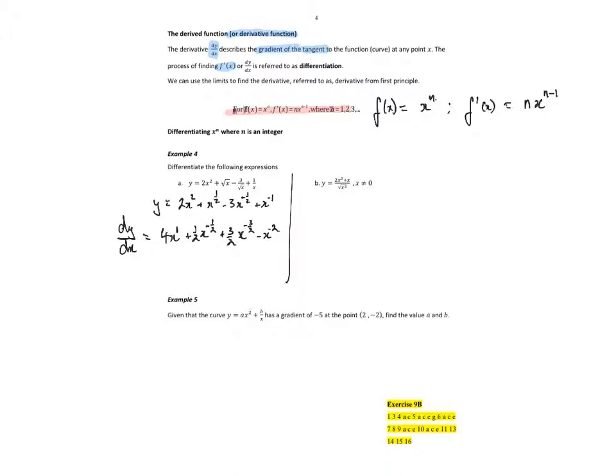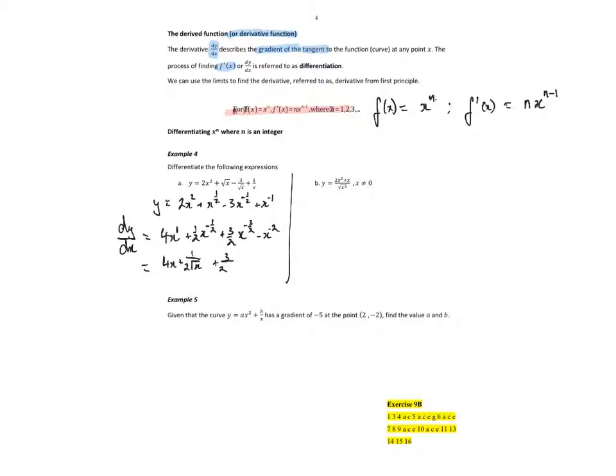Now, it's quite possible that we might try and tidy it up so everything is in a positive index. So we'll have 4x, x to the minus a half might be 1 over 2 square root of x, plus 3 over 2.